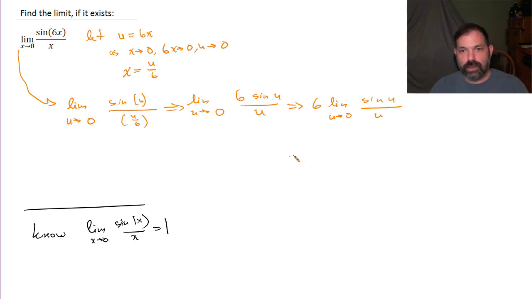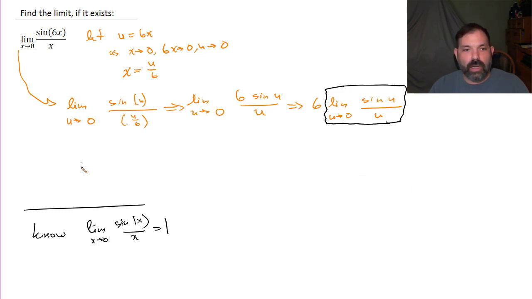Now if we look at this limit as u approaches 0 of sine u over u, that's the same as the limit as x approaches 0 of sine x over x. It's just a different letter, right? It's a dummy variable. The letter that we use doesn't matter.